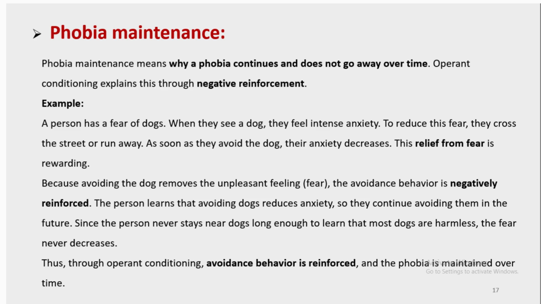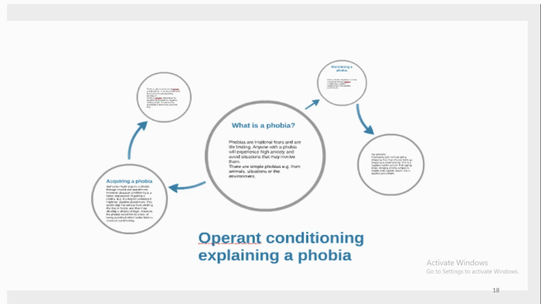The avoidance behavior is negatively reinforced. So this person learns that avoiding dogs reduces anxiety, and they continue avoiding them in the future. Since the person never stays near dogs long enough to learn that most dogs are harmless, the fear never decreases. Thus, through operant conditioning, avoidance behavior is reinforced and the phobia is maintained over time.